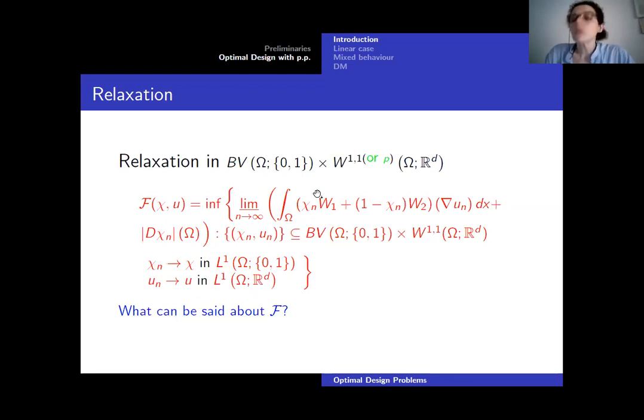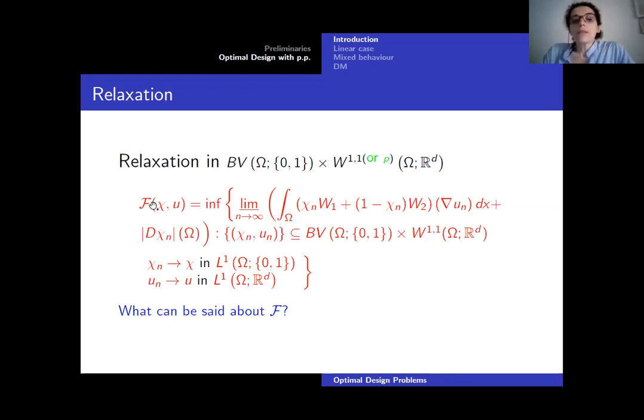And again, because of the coercivity, they are going to go weakly star either in W^{1,p}, if I assume the densities W1 and W0 have growth p, or in BV, if I assume that W1 and W0 have growth 1.